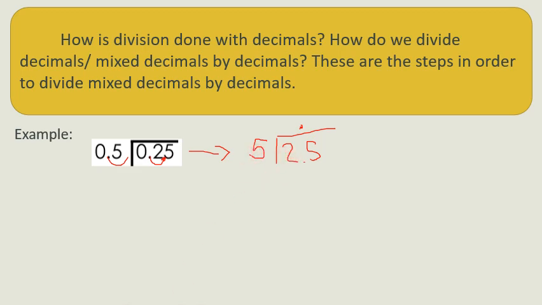Hindi. So, lagyan natin siya ng 0 sa unahan, kasi hindi pwedeng mag-divide dyan. Ngayon, sa 25, pwede na. 25 divided by 5 is 5. 5 times 5 is 25. 25 minus 25 is 0. So, ang answer natin dito is 5 tenths.